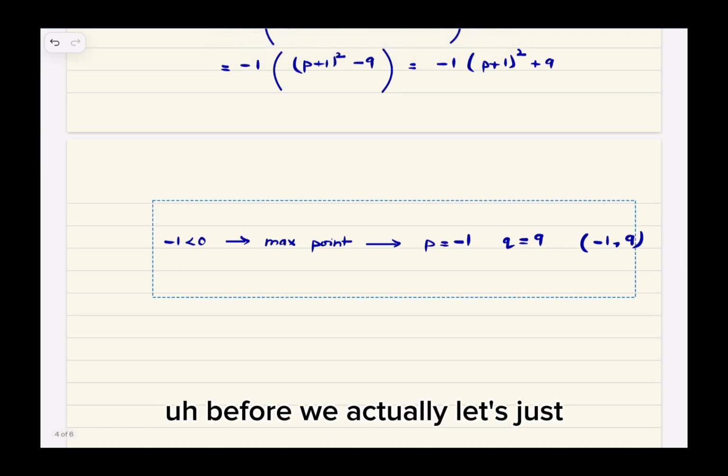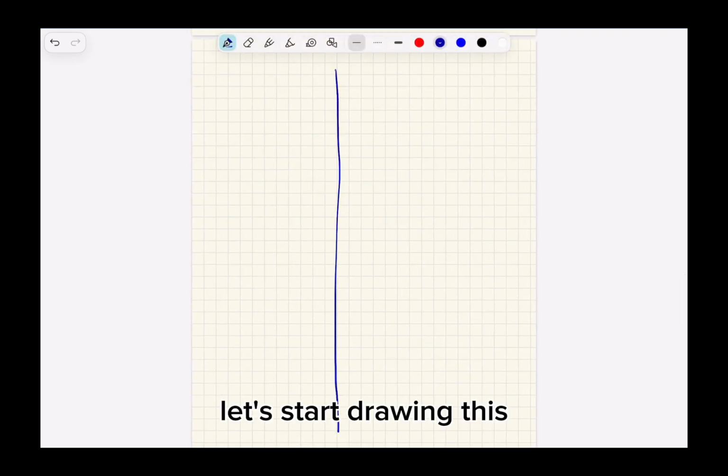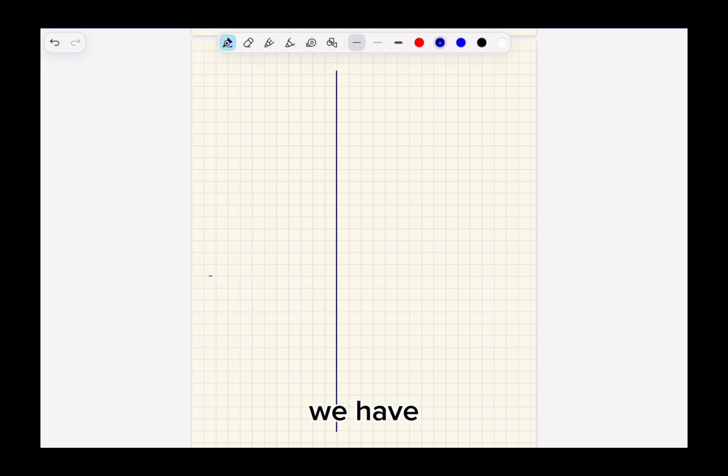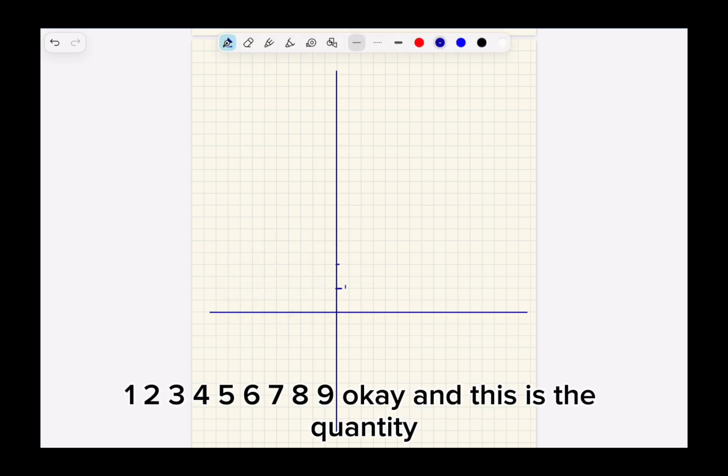Before we continue, let's draw this on the next page. Let's add a graph paper and start drawing this. The vertical axis is going up till 9, so 1, 2, 3, 4, 5, 6, 7, 8, 9, and this is the quantity.